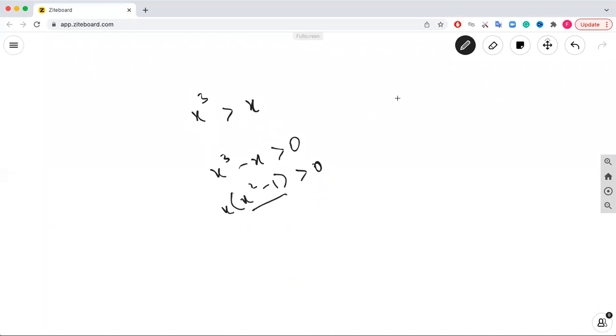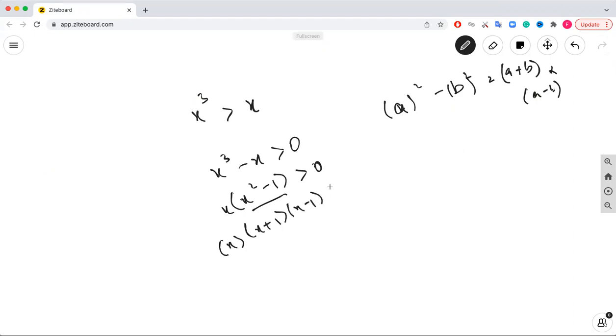So this is actually a formula: a square minus b square is equal to a plus b into a minus b. So this will become x into x plus 1 into x minus 1 greater than 0, right?